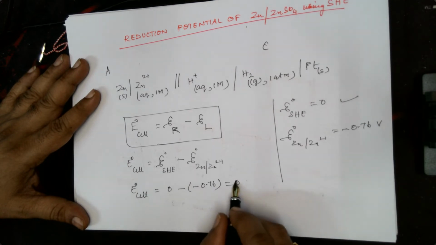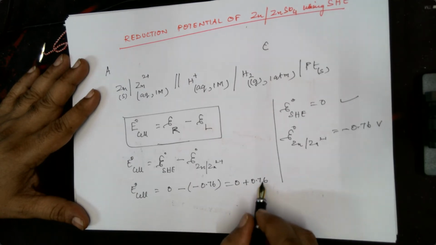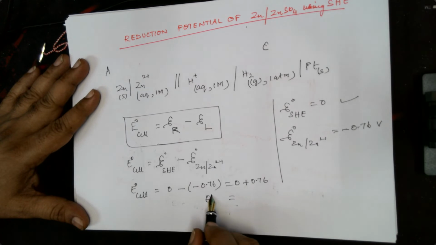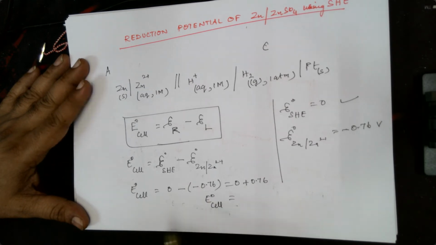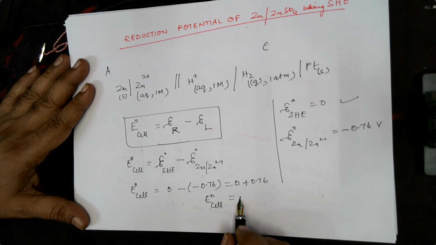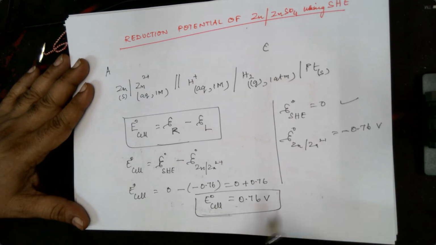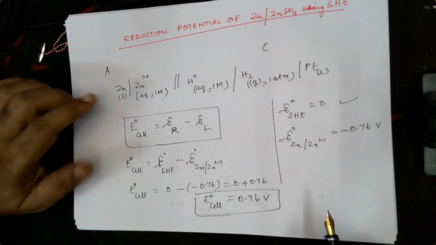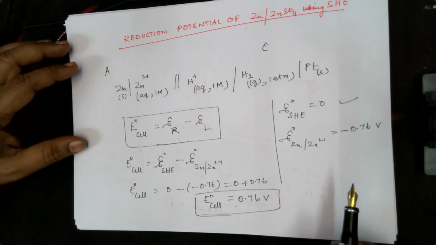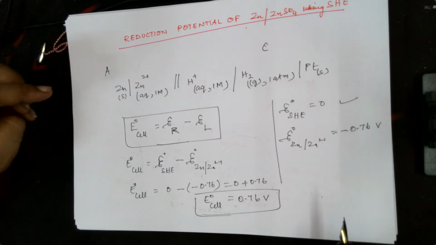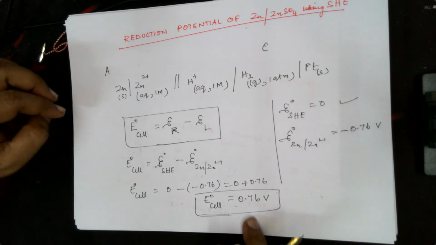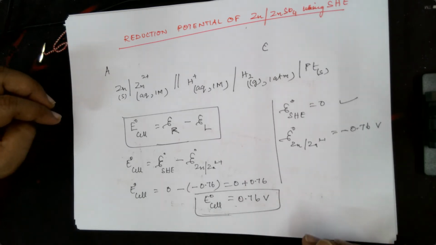So it means 0 plus 0.76, that is equal to E naught cell, how much? 0.76 volt. So this is the cell EMF of this zinc electrode. Okay. So this is the experimental value also.